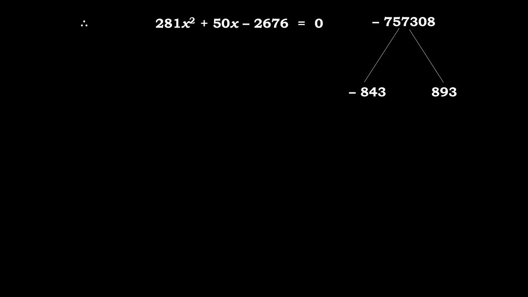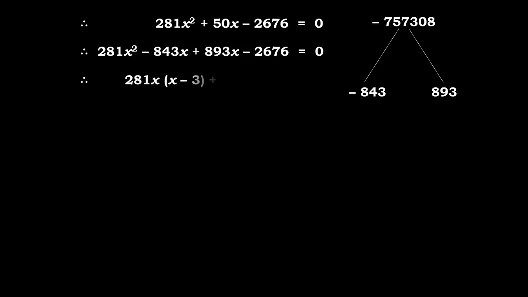So we can write the equation 281x square minus 843x plus 893x minus 2676 is equal to 0. Now we can make a group of twos, and from the first group we can take 281x common. In bracket we will get x minus 3. From the next two terms we can take 893 common.